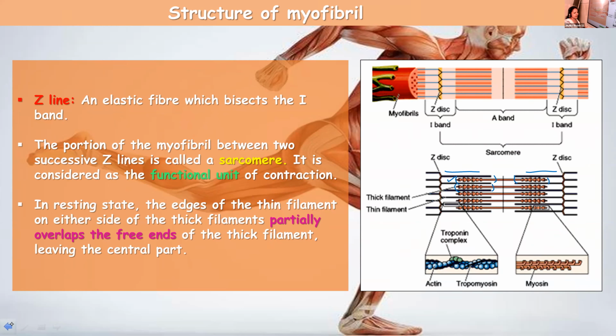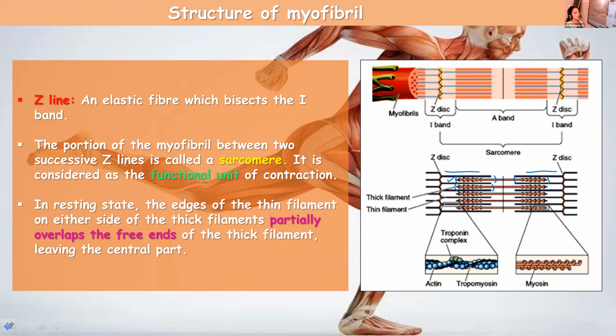You consider it as the functional unit of contraction. Under normal conditions, when the muscles are not undergoing any contraction, in the resting stage, all these arrangements can get changed when they contract. These filaments can come together because at the time of contraction they are subjected to changes.